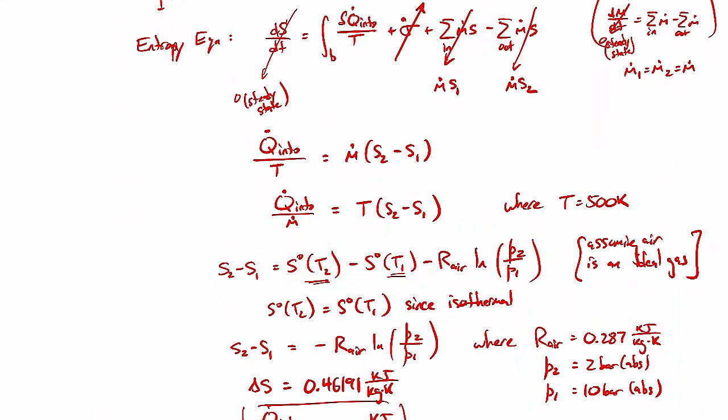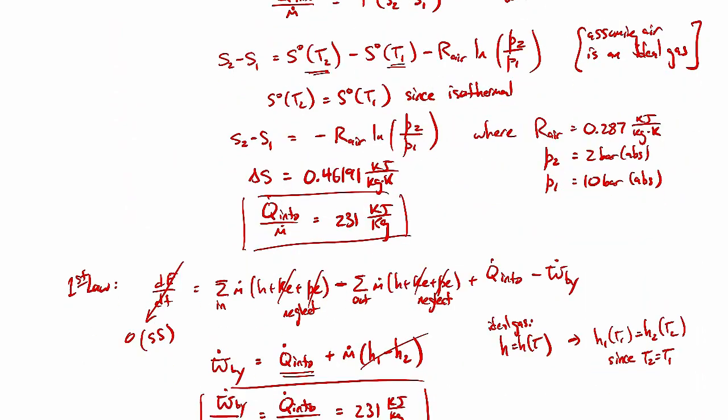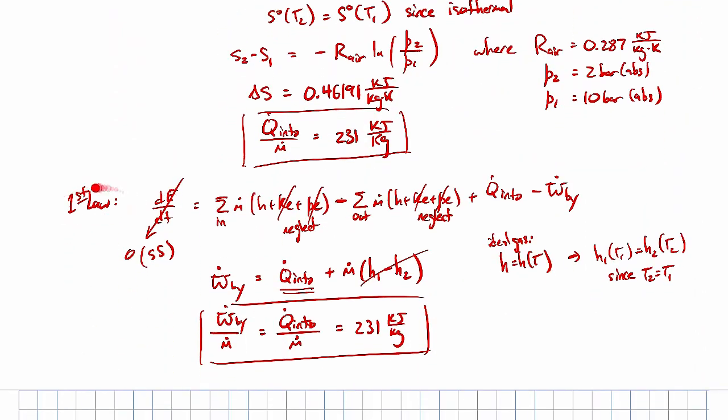Then to find the work, we used the first law because it involves the work term. We had already solved for the heat transfer. We were able to neglect the specific enthalpies because for an ideal gas, specific enthalpy is only a function of temperature, and since this is an isothermal process, those specific enthalpies crossed out. And so we were left with the power equaling the heat transfer.